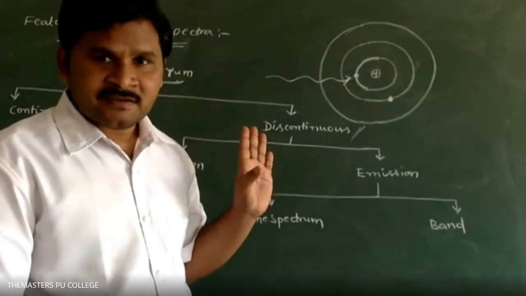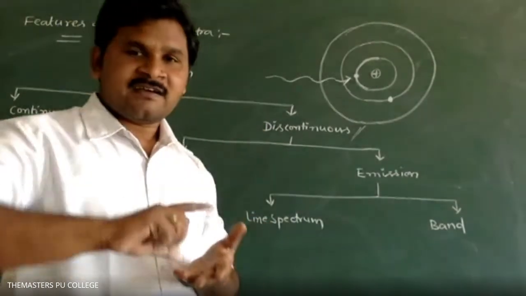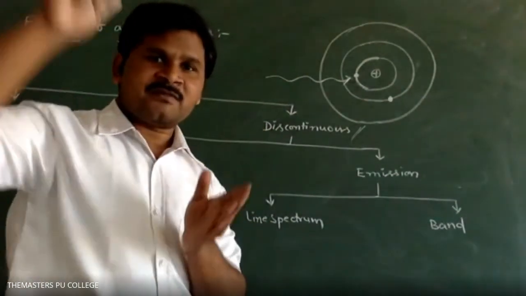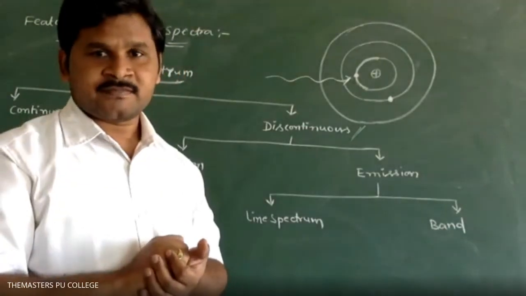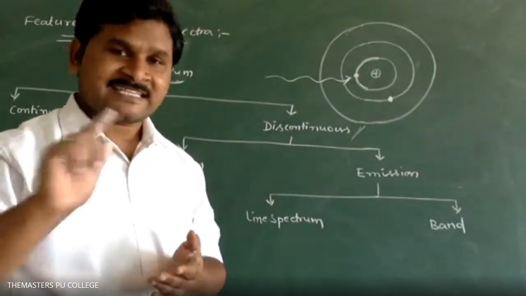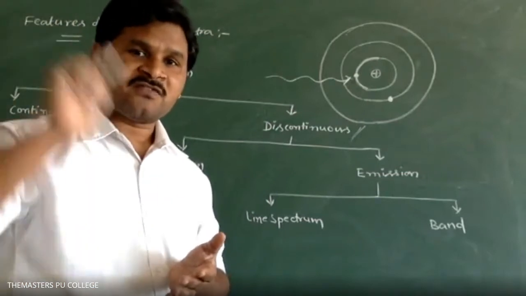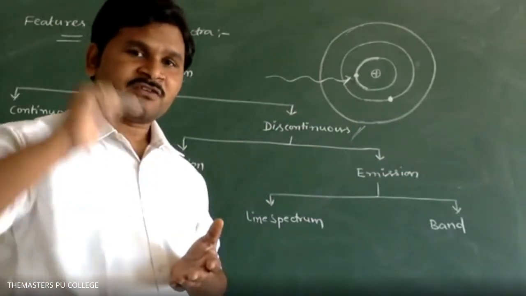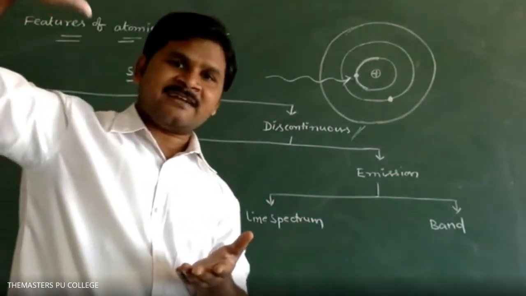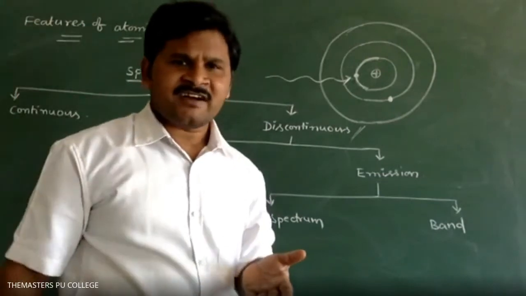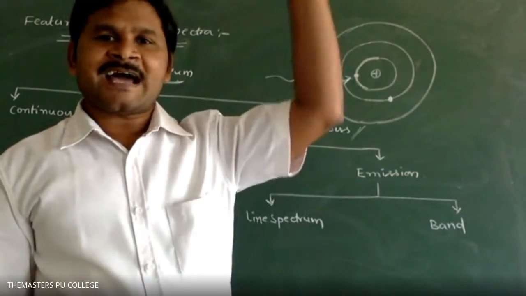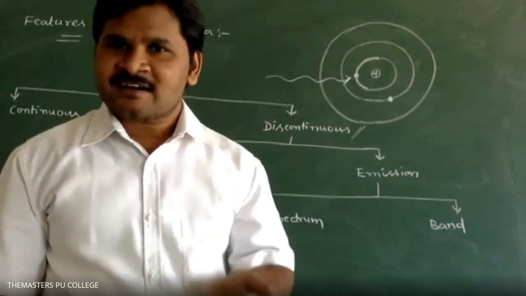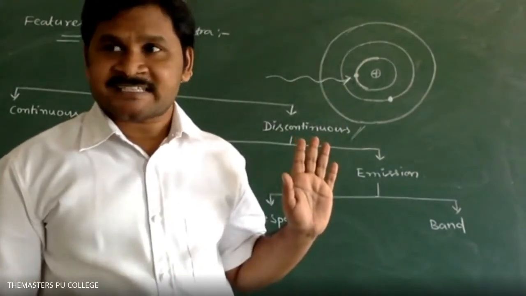You are going in an apartment from ground floor to first floor. It is called excitation. Ground floor to second floor, excitation. Ground floor to third floor, excitation. Ground floor to fifth floor, this increase is called excitation. What is de-excitation? If you are coming from any higher floor to the ground floor, that is called de-excitation.